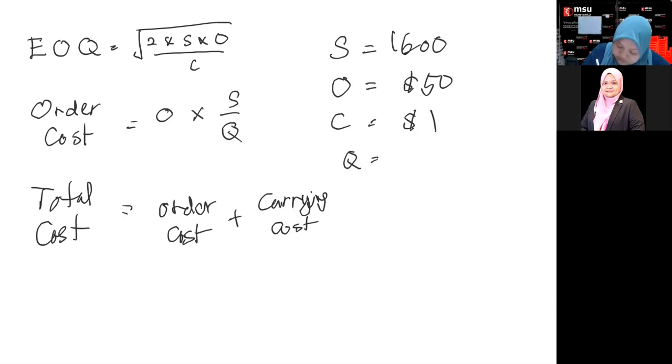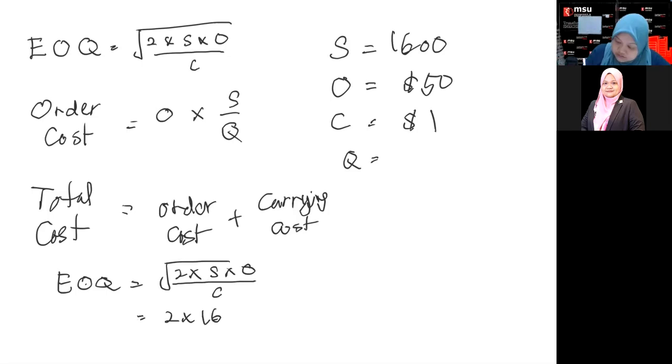Remember, economic order quantity is equal to the square root of 2 times usage times order cost, divided by carrying cost. So it's 2 times 1,600 times 50 divided by 1, square root this answer.